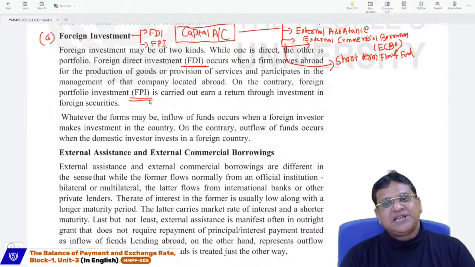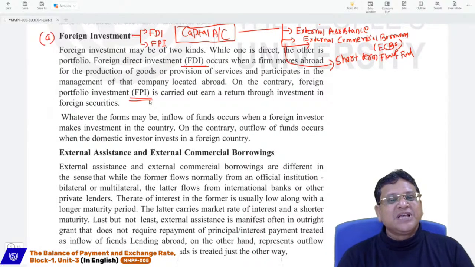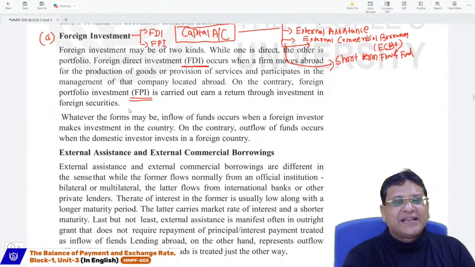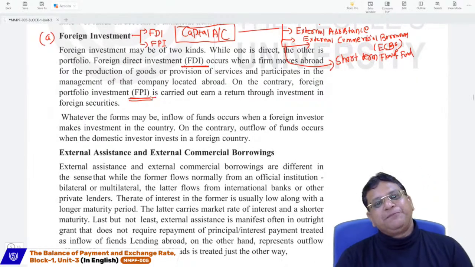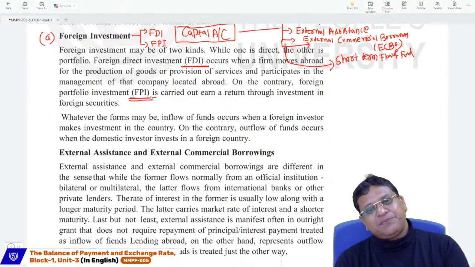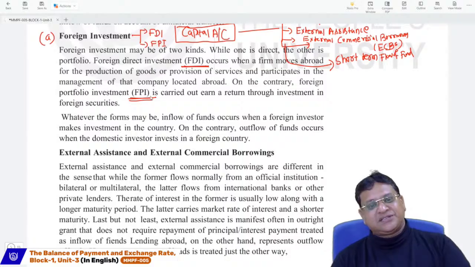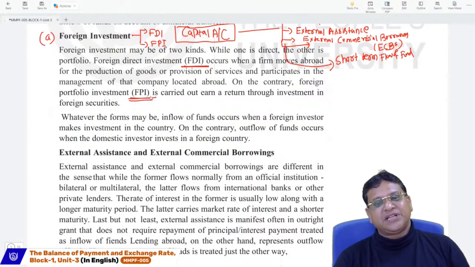If the investments are in foreign securities, foreign country companies' shares, bonds, debentures, those are known as FPI investments. So there can be FDI flows or FPI flows. FDI flows means foreign investment related to physical assets. FPI flows refers to foreign investment related to foreign securities.